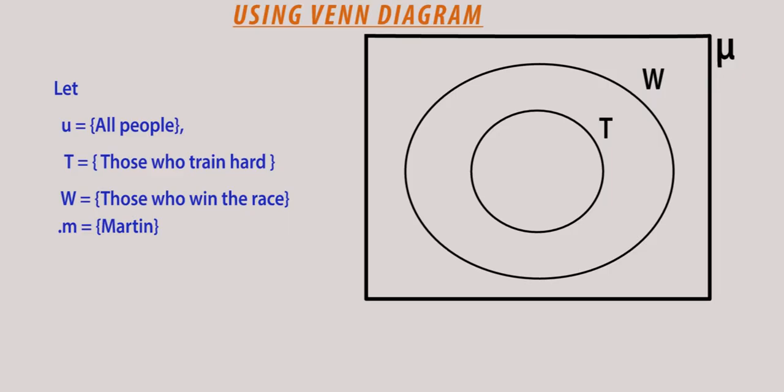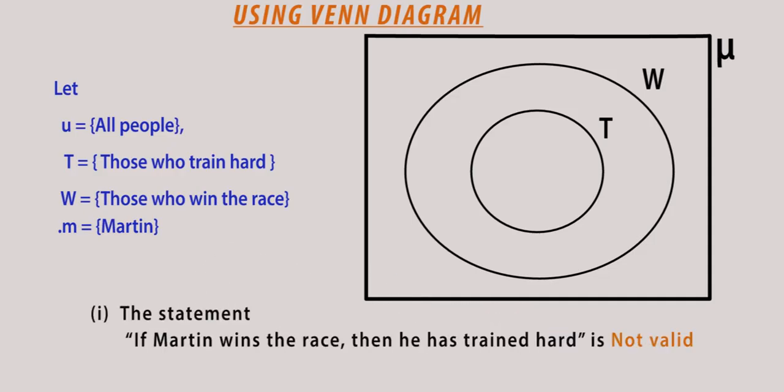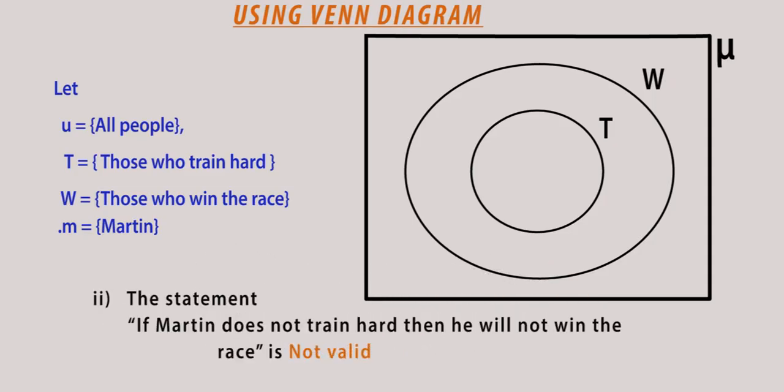From the Venn diagram, we can conclude: I, the statement, if Martin wins the race, then he has trained hard, is not valid. II, the statement, if Martin does not train hard, then he will not win the race, is also not valid.